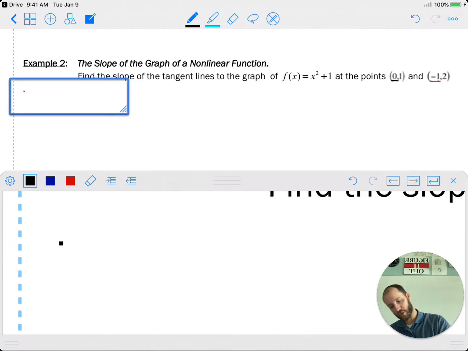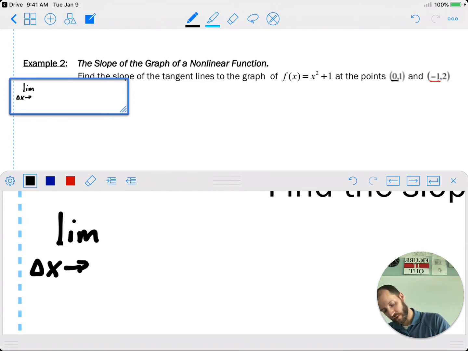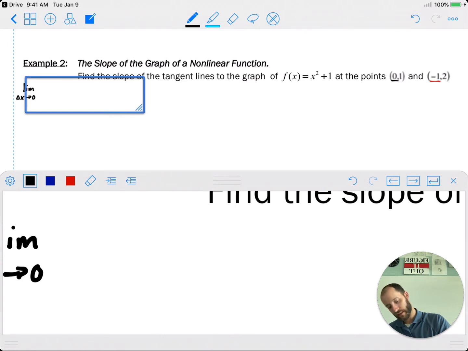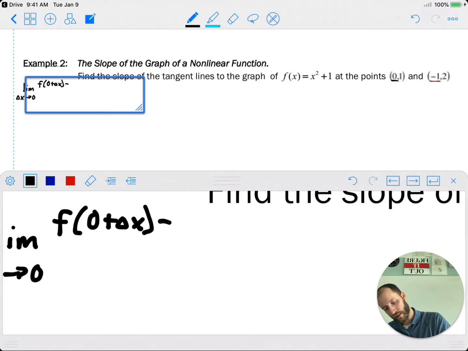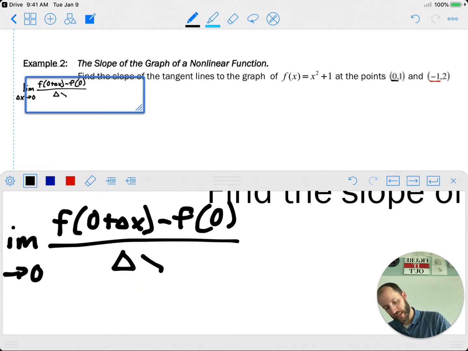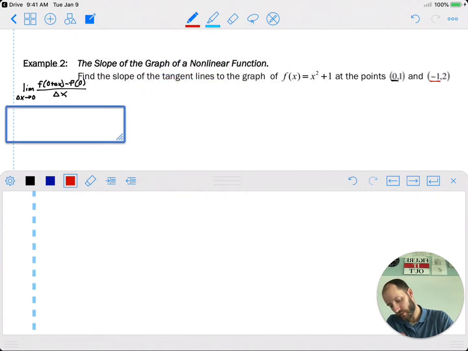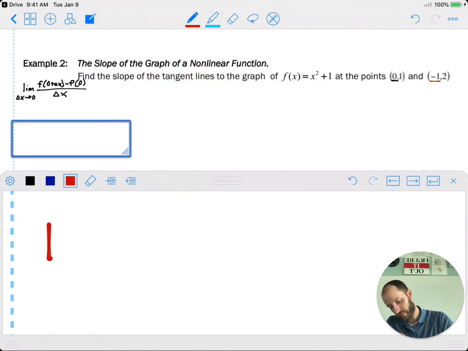So let's set it up. The limit as delta x approaches 0 of f of 0 plus delta x minus f of 0, all over delta x. Then right below that, I'll set up the second problem.